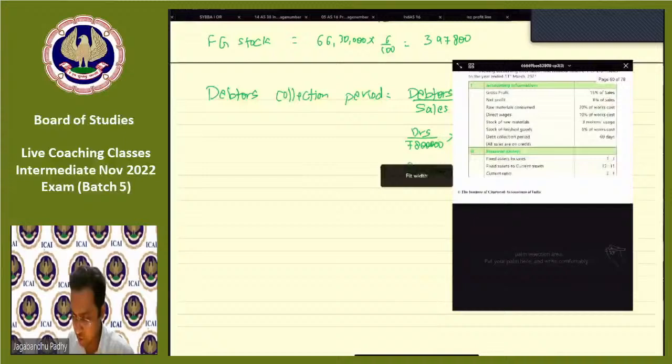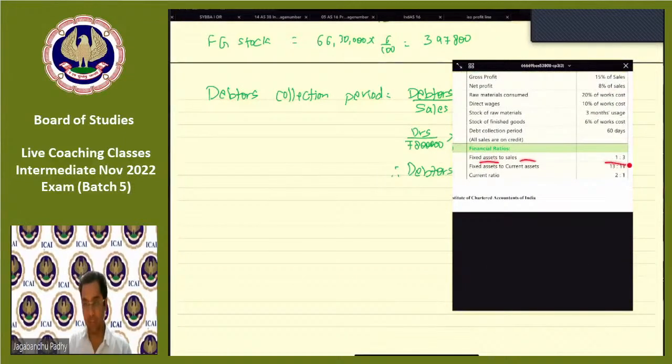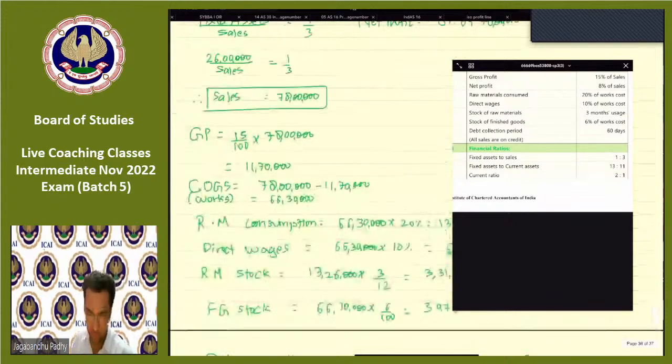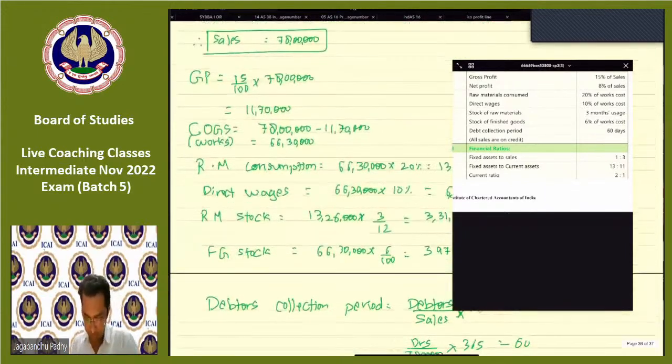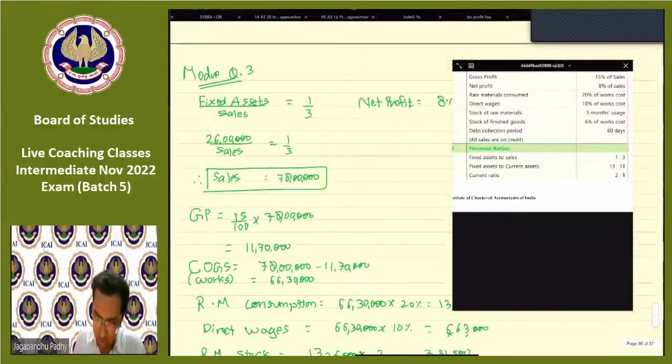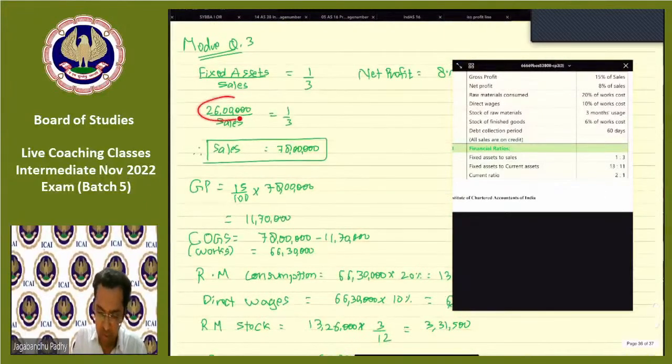Then we have the other ratios. Fixed asset to sales, we have utilized that already. Now fixed asset to current assets. This is what we will use now. Fixed asset to current assets is 13 upon 11. Now what is fixed assets? Fixed asset is given in the question as 26 lakh itself.